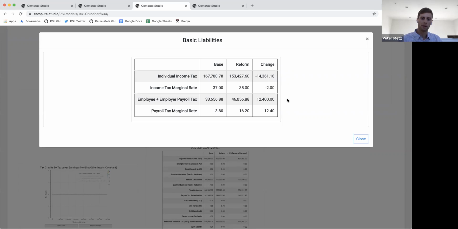On the other hand, applying Social Security tax to earnings above $400,000 increases our taxpayer's liabilities by $12,400. So you can see these things balance each other out. On net, our taxpayer is getting a small tax break here. We also see the marginal rates for both income tax and payroll tax, which changed slightly from our base to our reform.